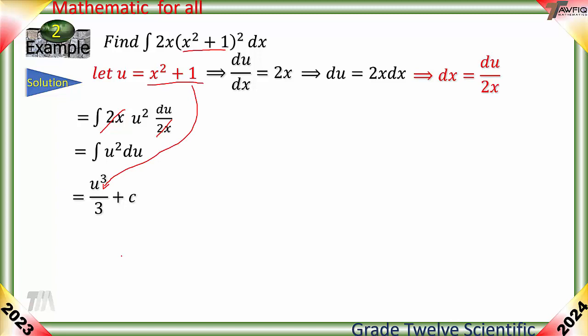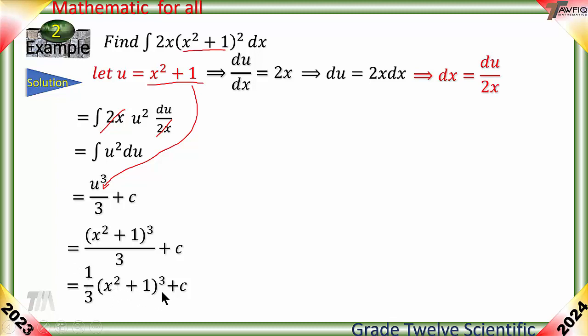It becomes (x squared plus 1) all cubed over 3. And we can write this in another way by writing 1 over 3 (x squared plus 1) cubed plus c.